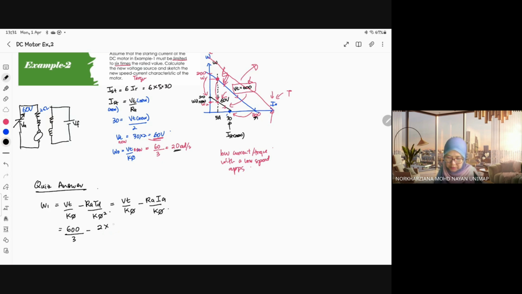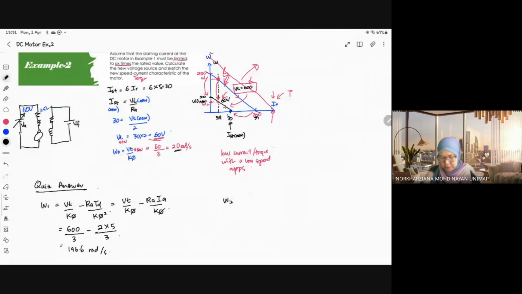So Ra 2 times Ia 5, right? Over 3. So it's 196.6 radian per second.